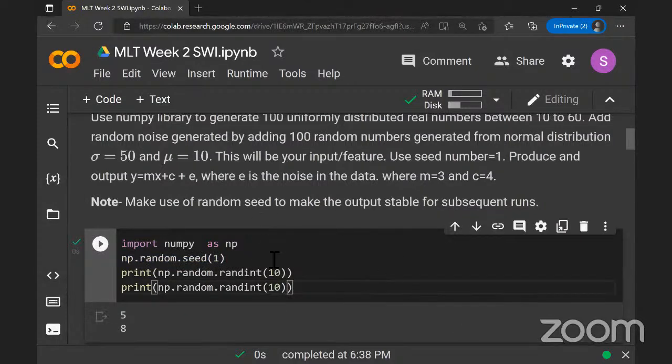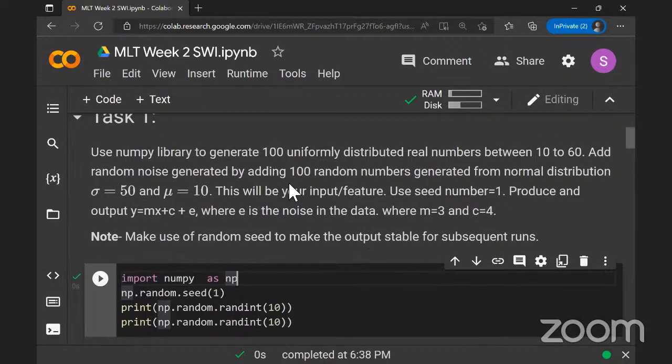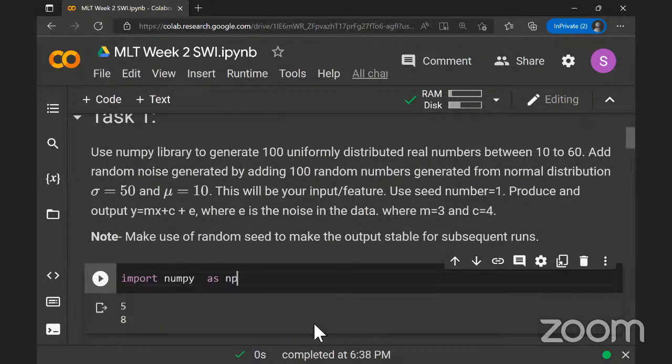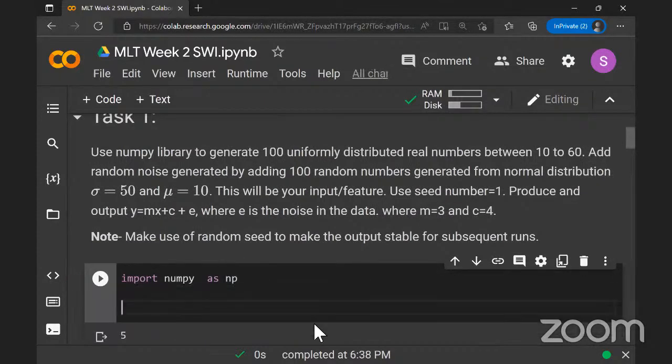Okay, thank you, sir. So can we use linspace? Yes, you can, it will be better if you use linspace. Okay, so let's try to solve this problem one statement at a time. First thing is generate 100 uniformly distributed real numbers between 10 to 60.